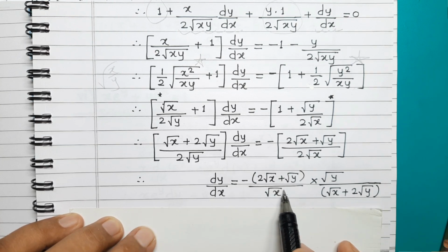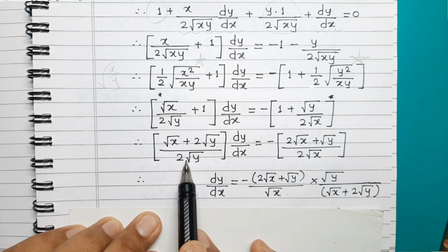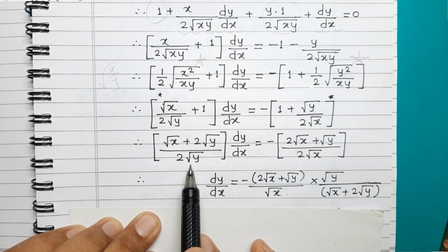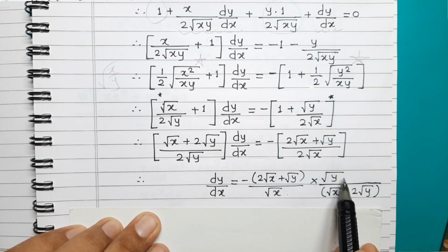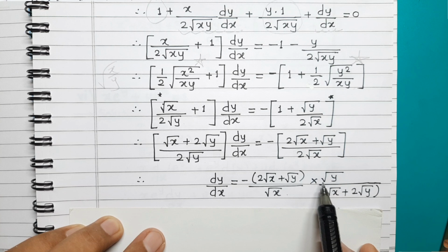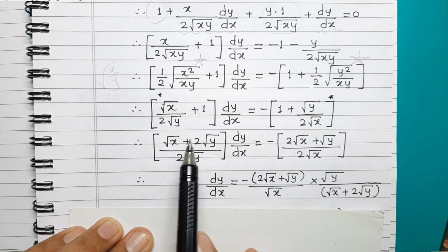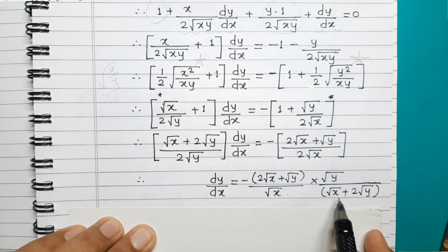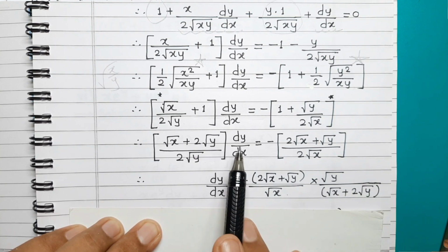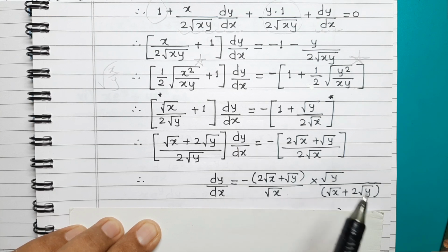Okay, so here it is: root x, into this term at the denominator on LHS, will go to the numerator on RHS. Okay, so root y upon, here this numerator on RHS will shift to the denominator since these two terms are multiplied to dy by dx.